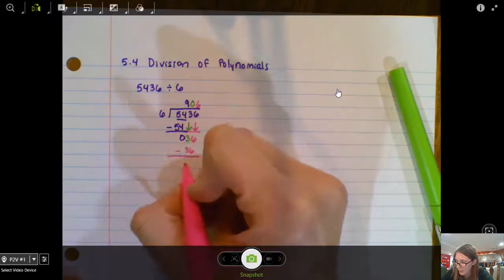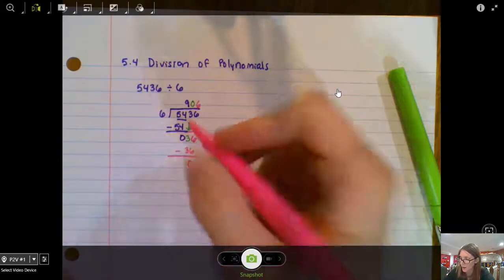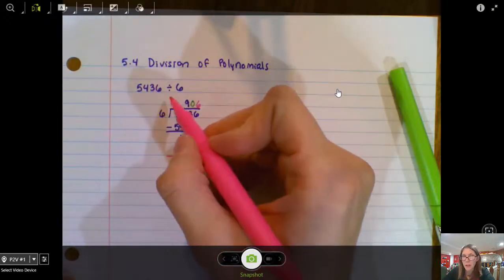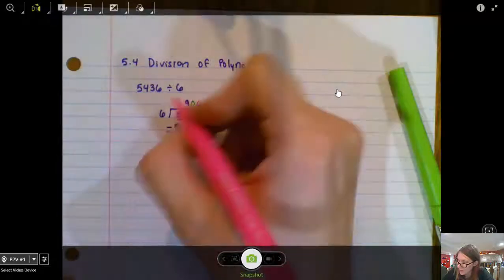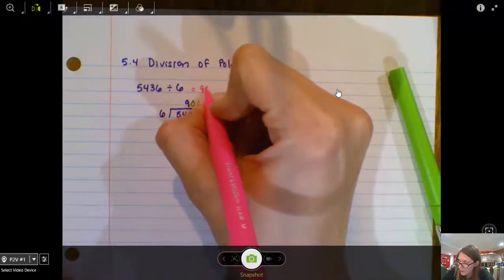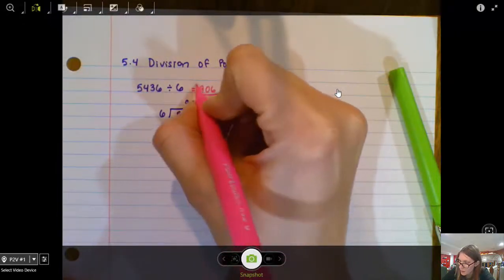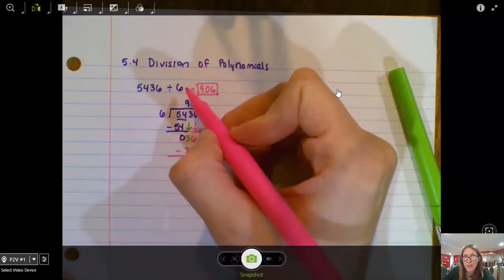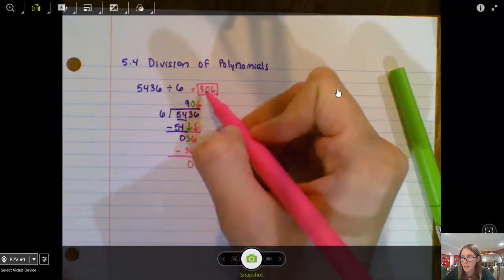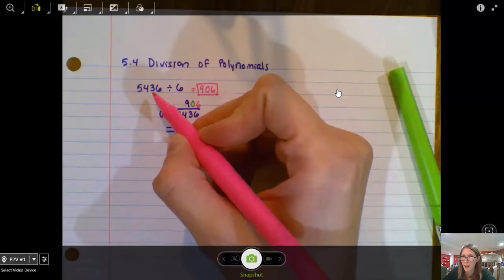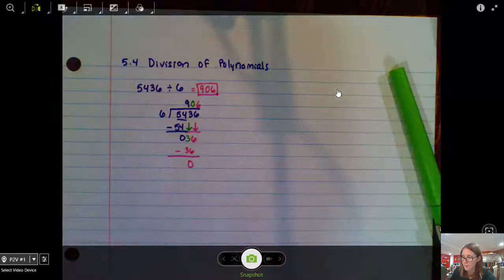Always subtract straight down, we get 0. So 5,436 divided by 6 equals 906. Now something I also want you to remember is that if I took 6 times 906, I would get what we started off with, 5,436.